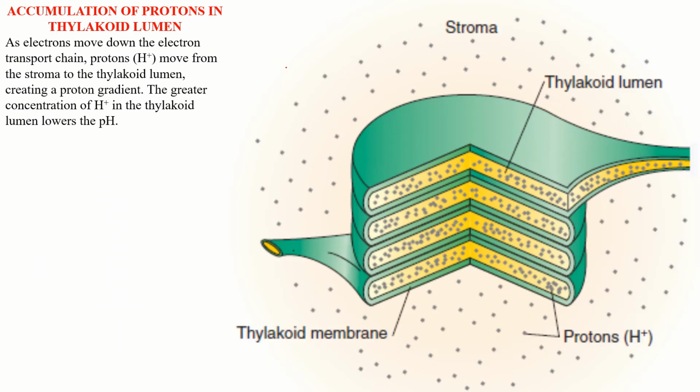Okay, now let us see in which direction the protons are accumulating from this diagram. Earlier in a slide we found that the electrons are flowing through the electron transport system along the thylakoid membrane, and it is resulting in the pumping of protons. Can you see here? In this space so many protons are there.